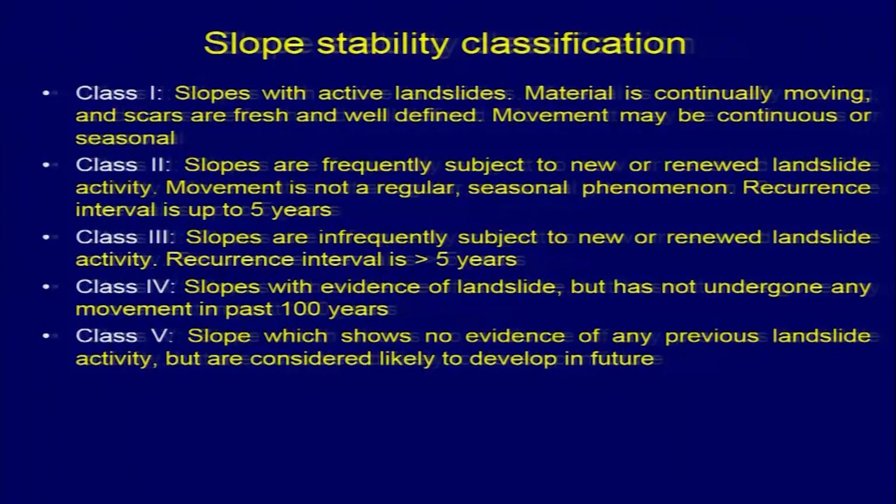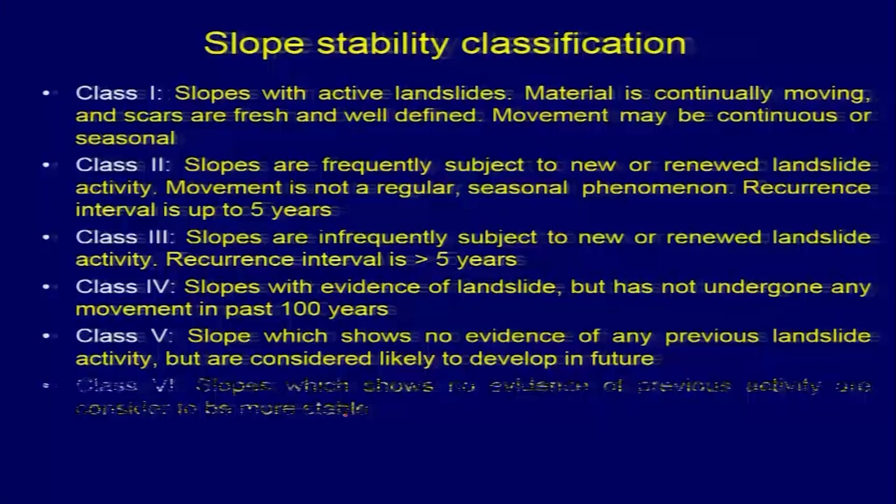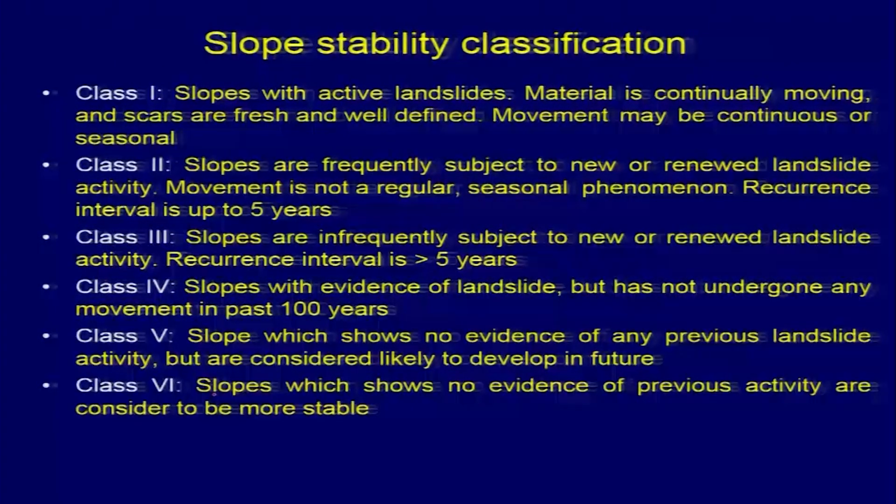Class 5, slopes which show no evidence of any previous landslide but are considered likely to develop one in future. So here you will have to apply the knowledge of slope, the lithology and the geological structures. Class 6, slopes which show no evidence of previous landslide activity are considered to be more stable.